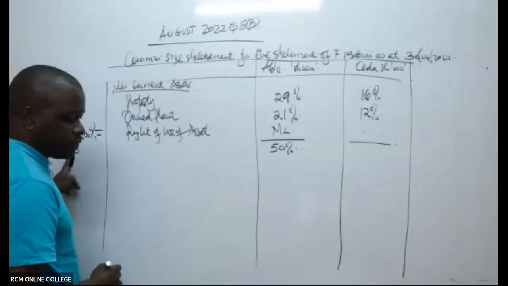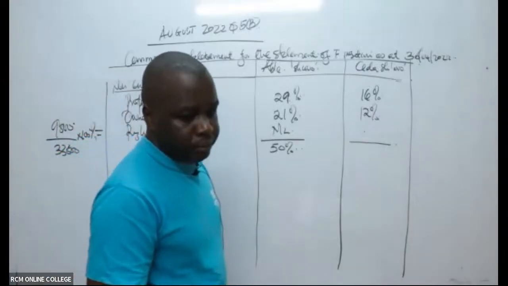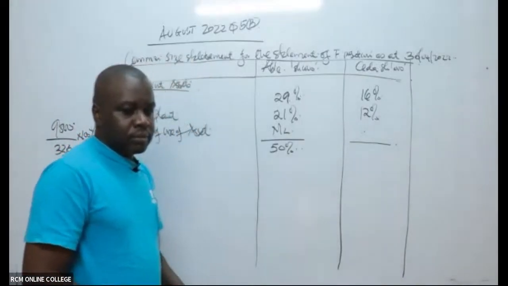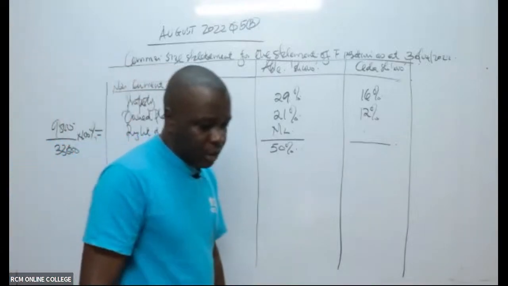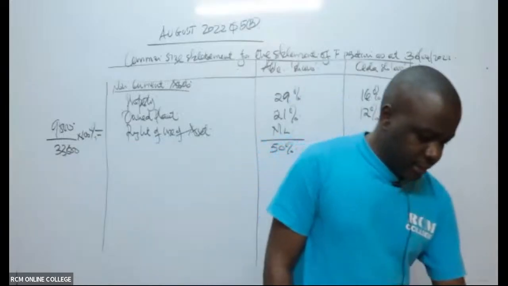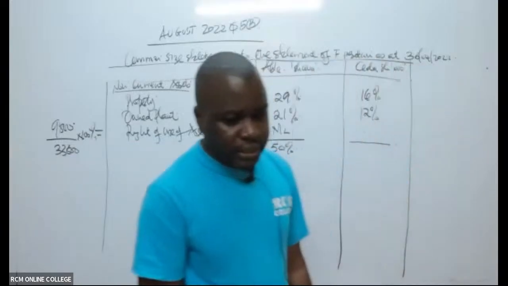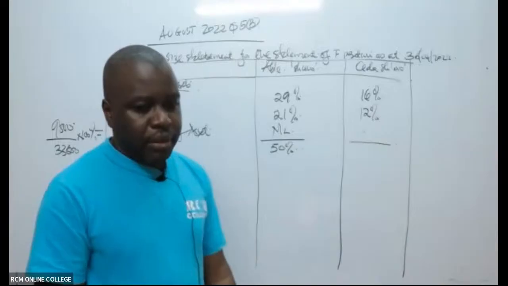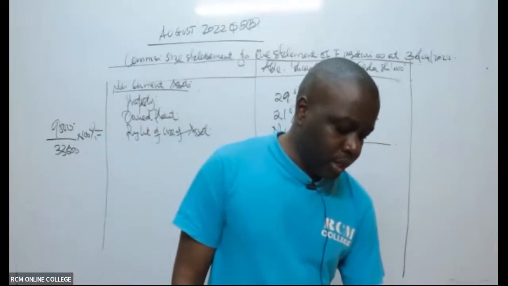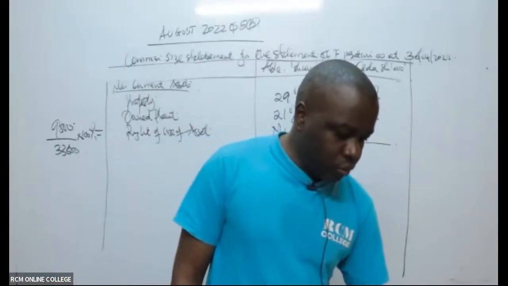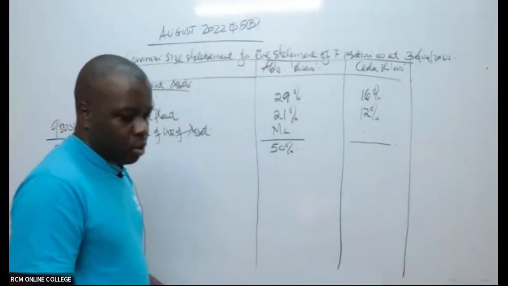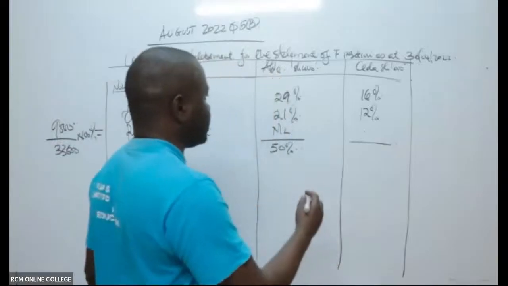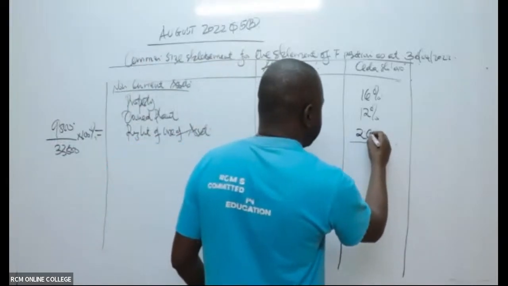Use the total assets figure as the base. The total figure for the assets you can see down there is 33,600 and of course 66,500. That should be the figure you use. Hope we are together. So this one is 26%.